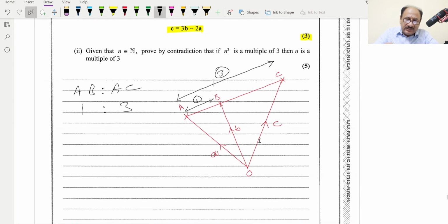So from this diagram we can check that AB vector will be equal to AO plus OB, which we can write as minus A plus B, so B minus A. And further we can write for AC also.